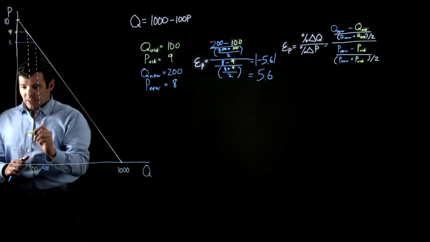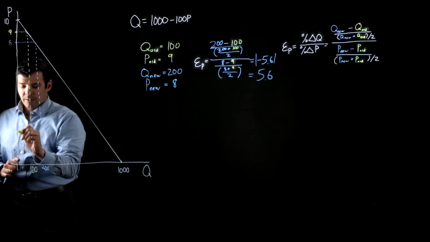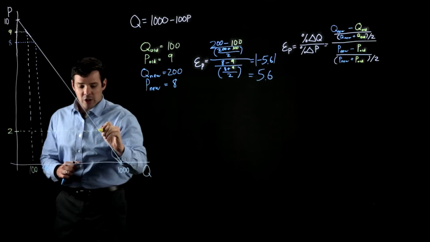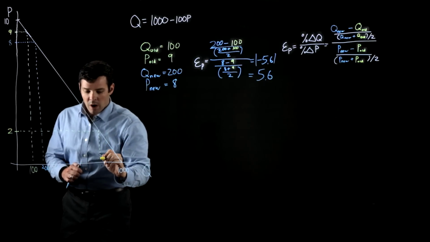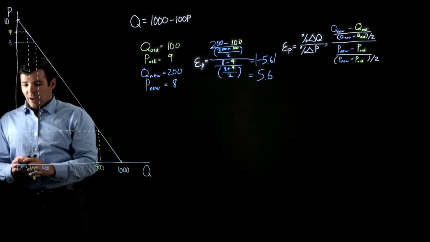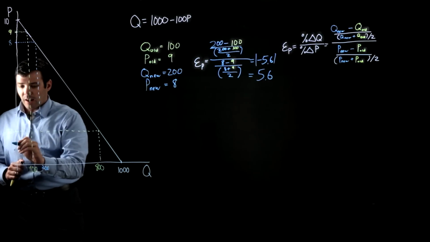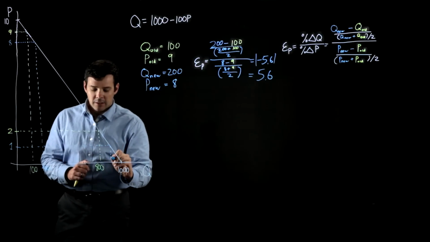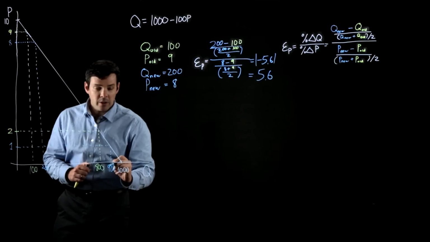So with the old price of $2, we know from our market demand equation that people want 800 units. When we go to a new price of $1, we know that they're going to want 900 units.